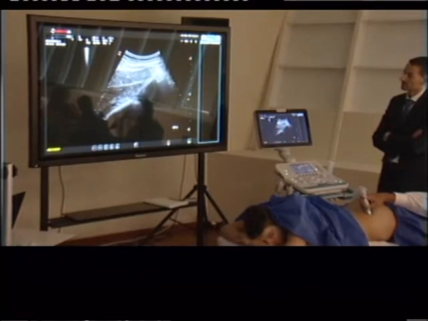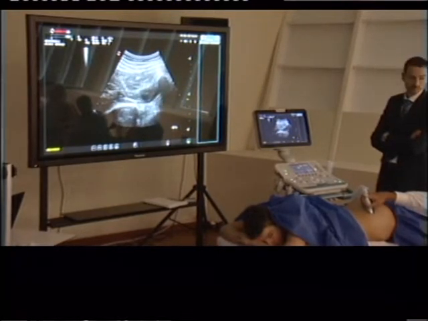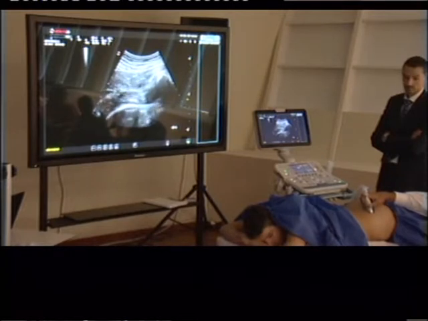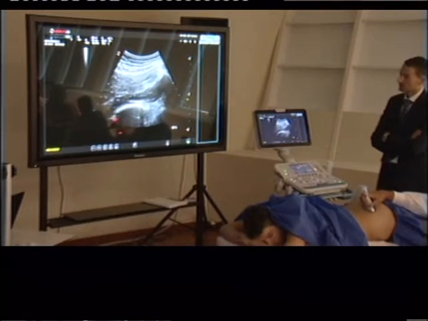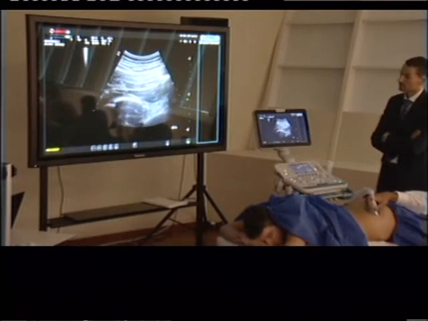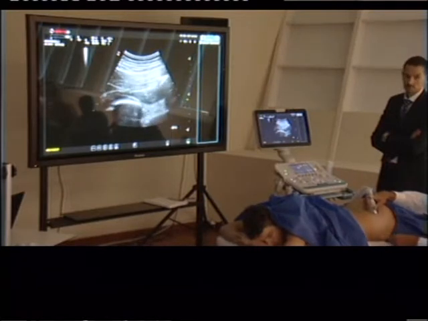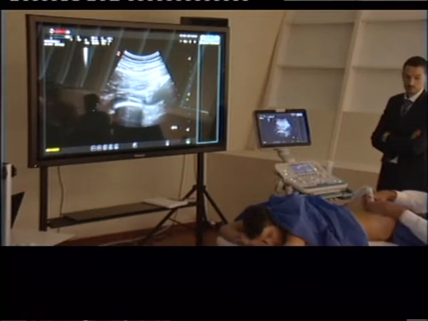That's the piriformis. Now look at the probe. I'm going to pivot down to line up with it, because the piriformis is a bit oblique.